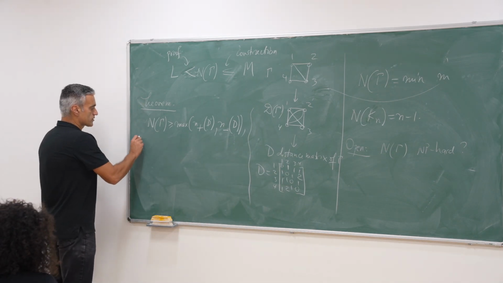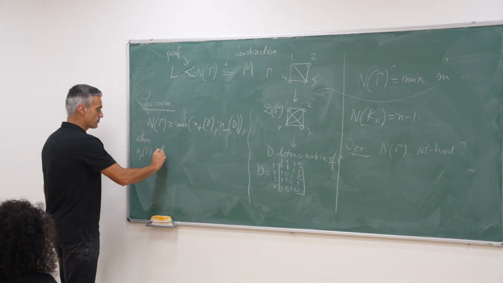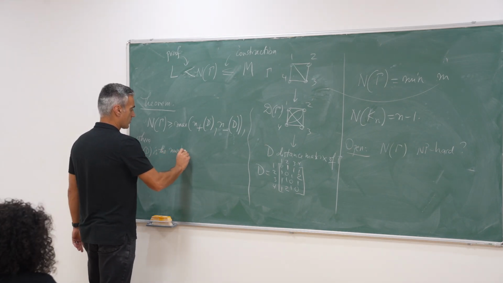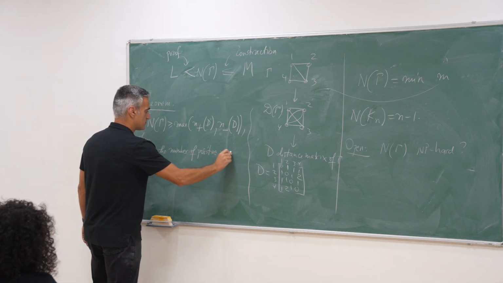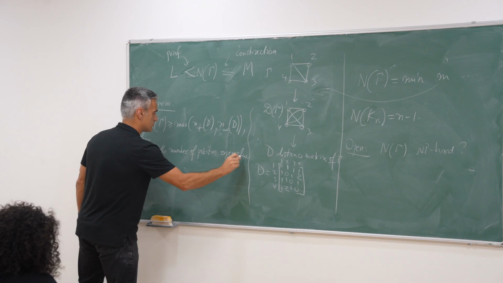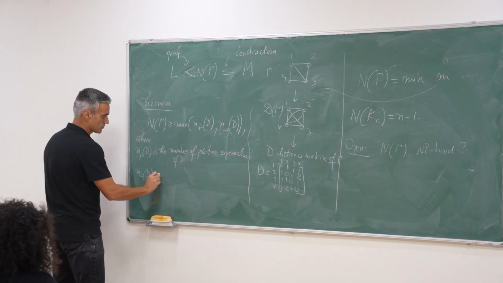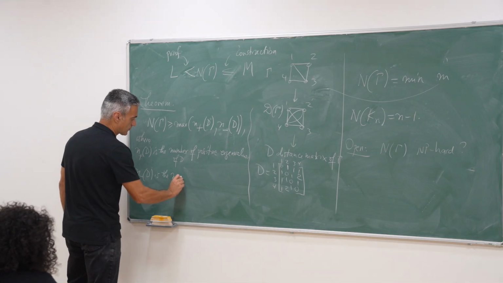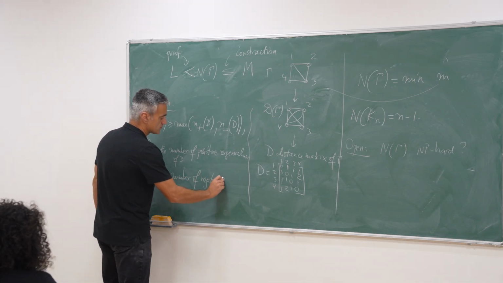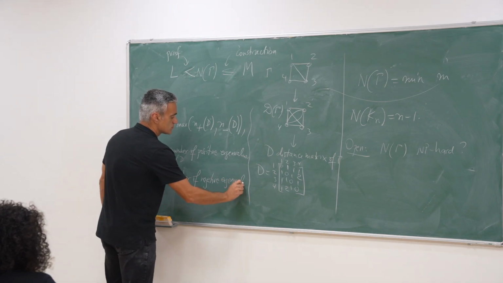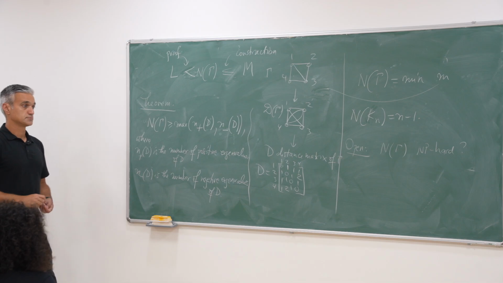Where n plus of D is the number of positive eigenvalues of D, and n minus of D is the number of negative eigenvalues of D.